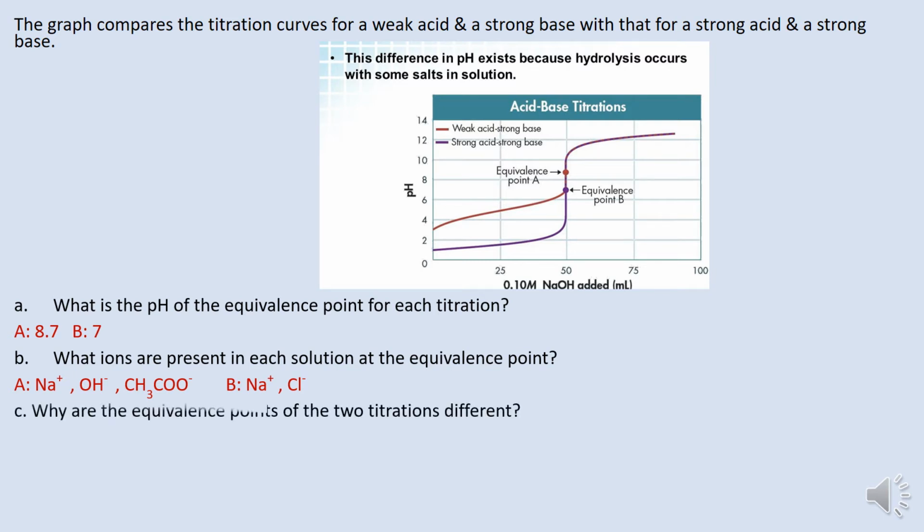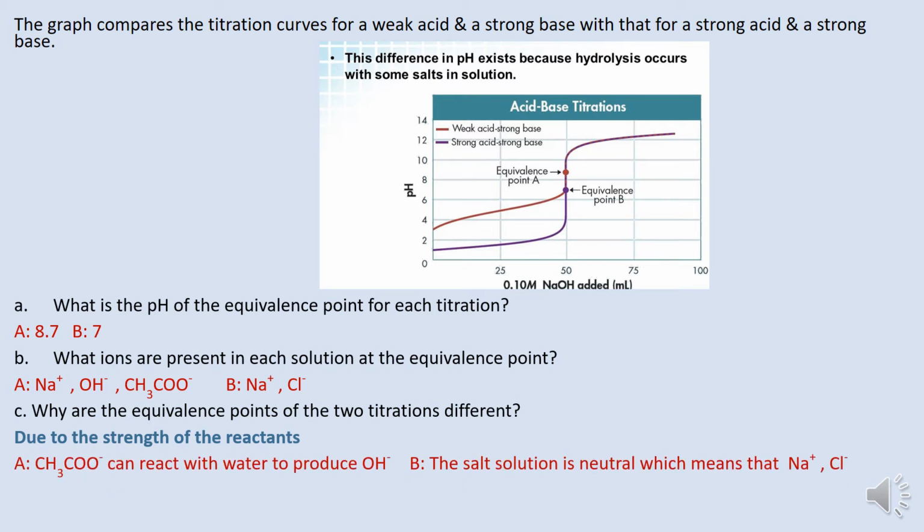Now, the third question: why are the equivalence points of the two titrations different? The answer: due to the strength of their reactants. What does it mean?